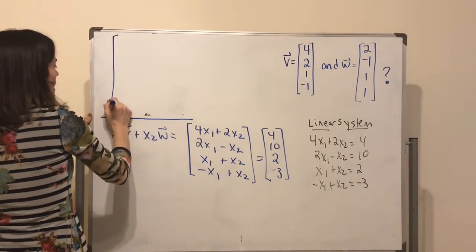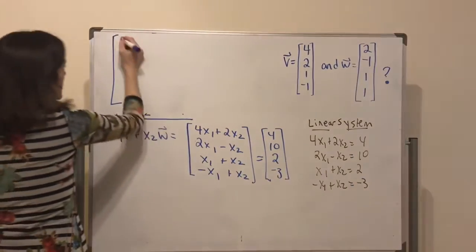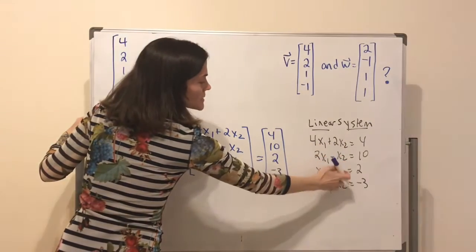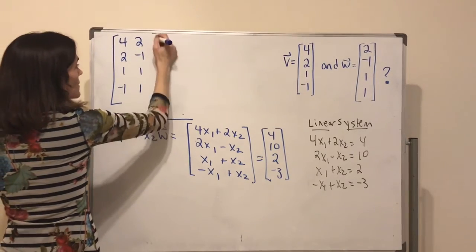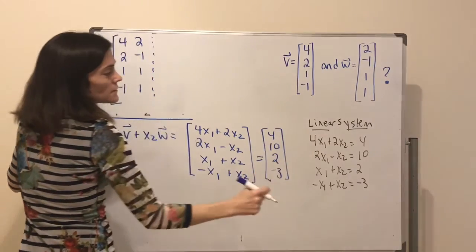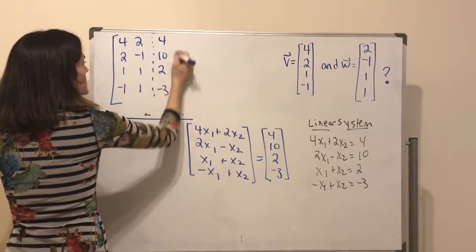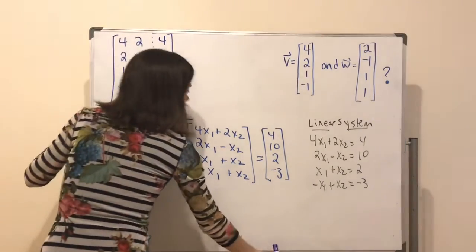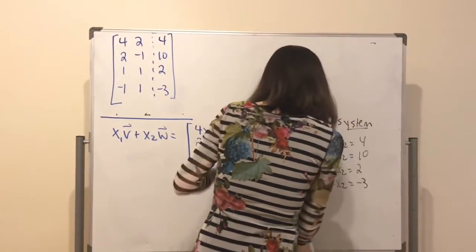If I write the augmented matrix, 4, 2, 1, minus 1, 2, minus 1, 1, 1, and then 4, 10, 2, minus 3, I would like to get this in reduced row echelon form.